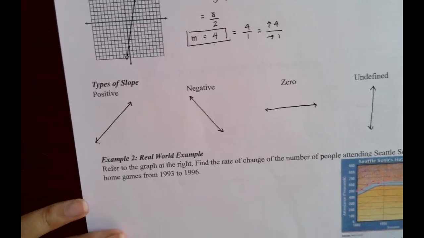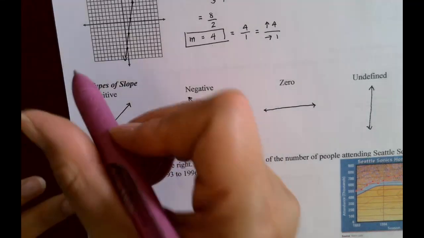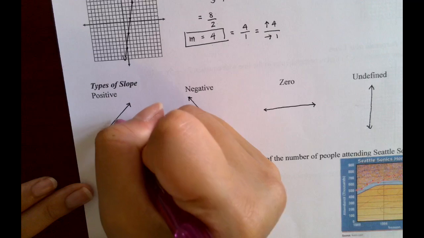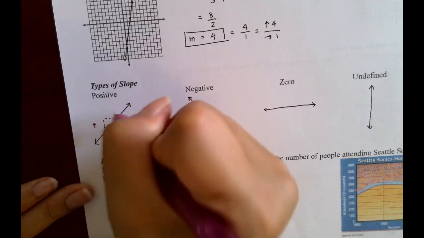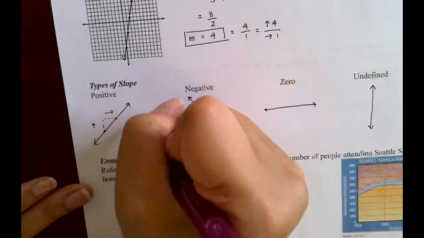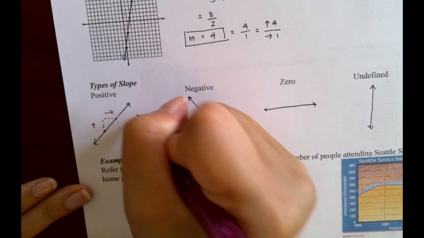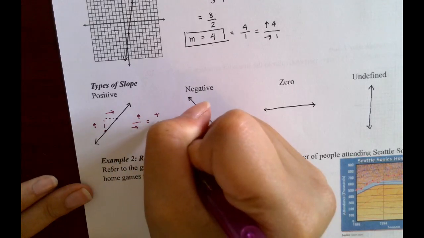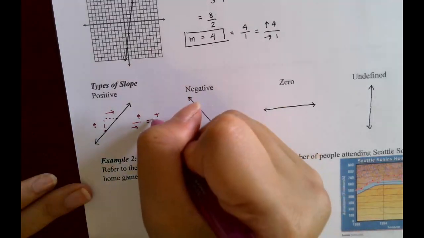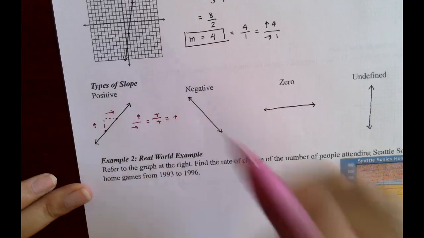This is why, if you have a positive slope, from one point to the other you are going up and to the right. Up is positive and right is positive. Positive over positive is positive.